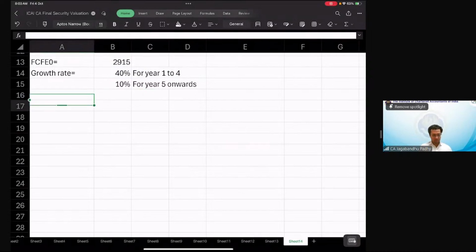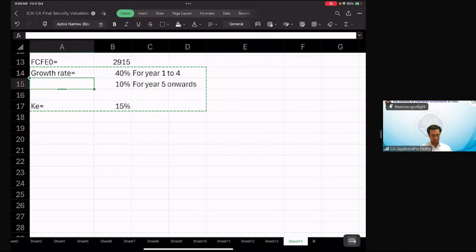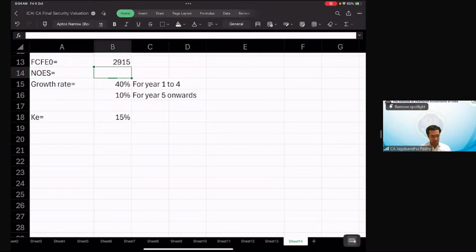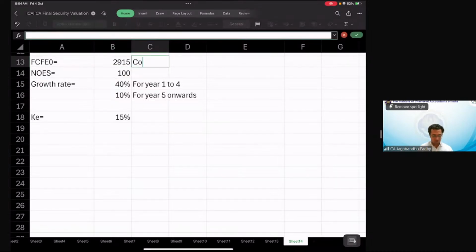Cost of equity is, let's say, 15%. Can you calculate? And let's say the number of equity shares is, suppose, 100. So this is so many crores, right?